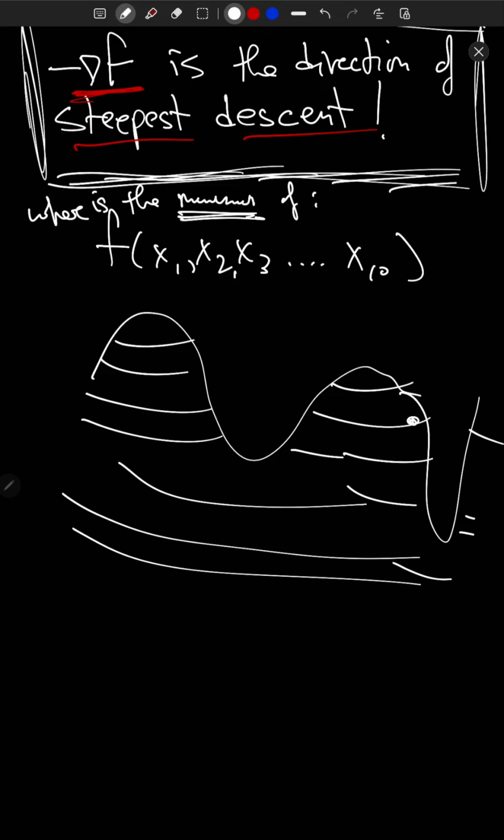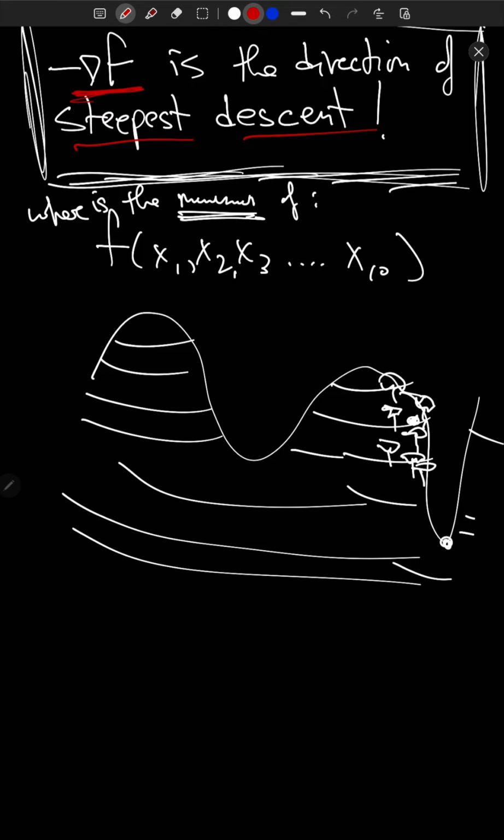Which direction are you going to move? Let's say there's lots of trees everywhere. Obviously in this picture, that's our answer. But if you're standing here and there are a lot of trees in the way, you can't really tell where the minimum is. So how do you actually determine it?